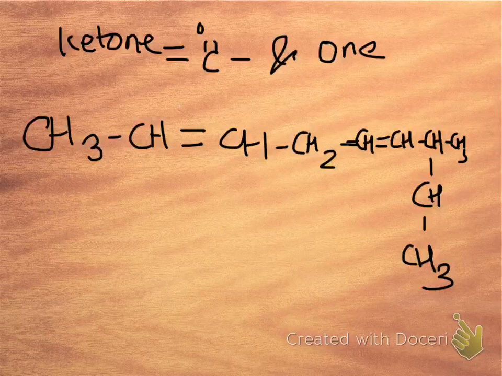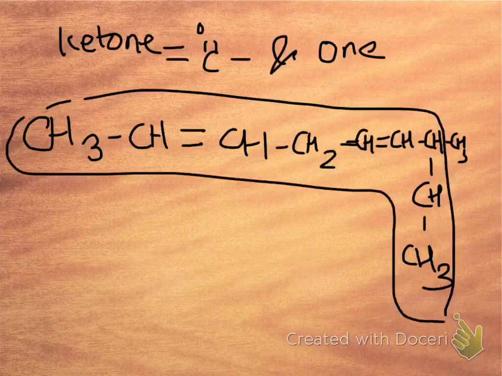Now as I said, ketone will have a double bond, so you'll choose the longest chain which has the double bond. So this one is our longest chain, and this is our functional group. Now start counting from the right, as this is not the functional group.